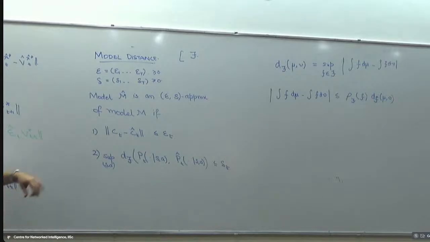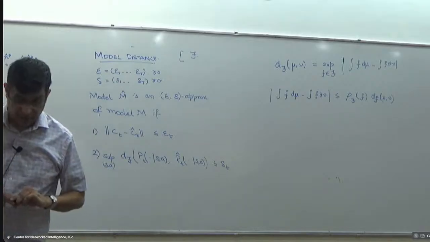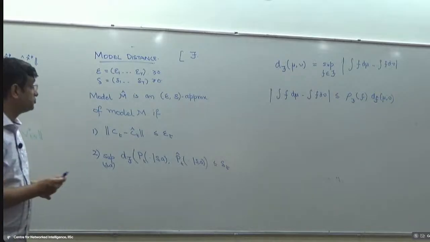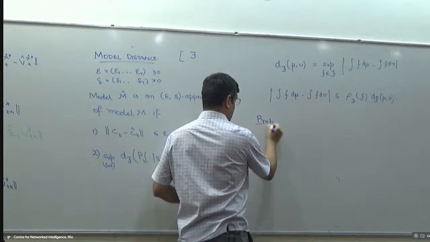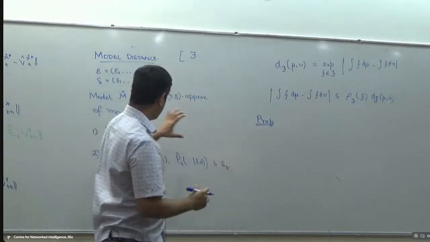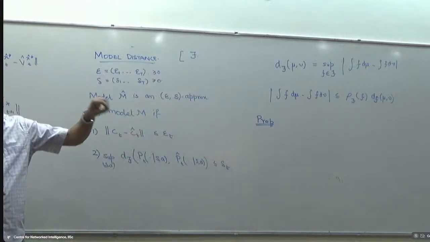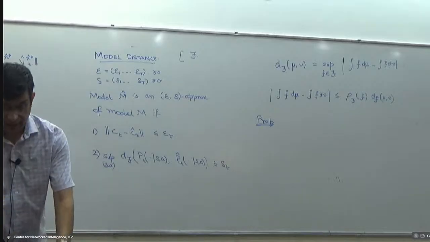Okay. So if I have this, then I'm going to make the following claim, which will now give me a way to connect model approximation to the approximation results that we obtained last time.